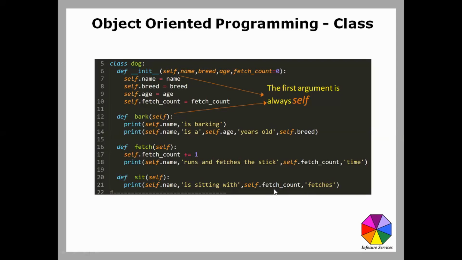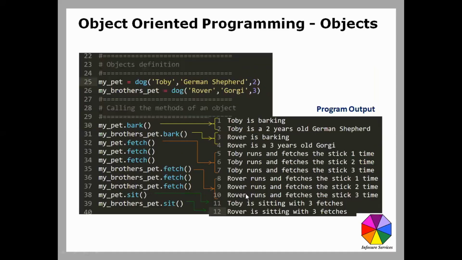In this case, the sit method uses fetch count. When I call the sit method, we see the name Toby is sitting with so many fetches. Toby is sitting with 3 fetches, so you're getting the current value 3. That's when you're using a getter method.